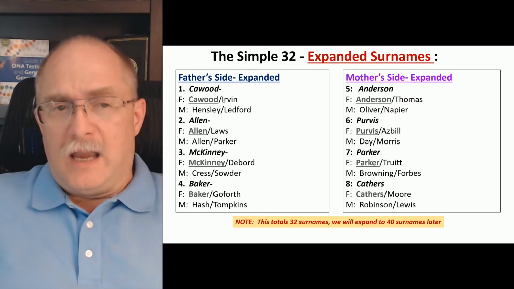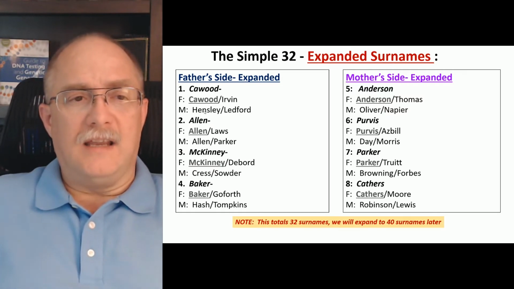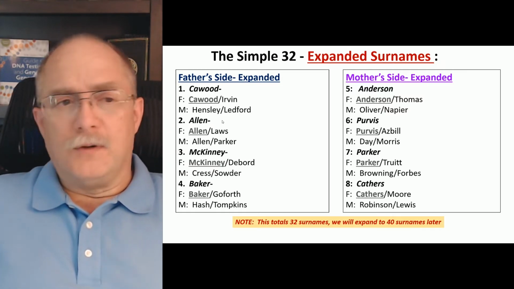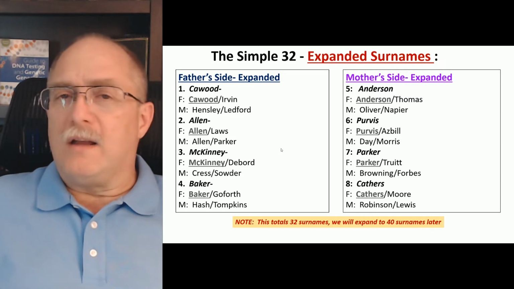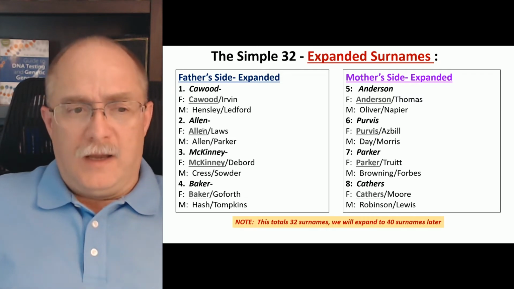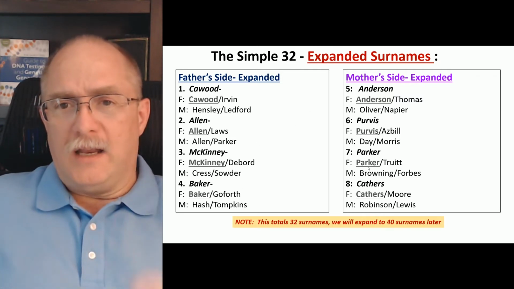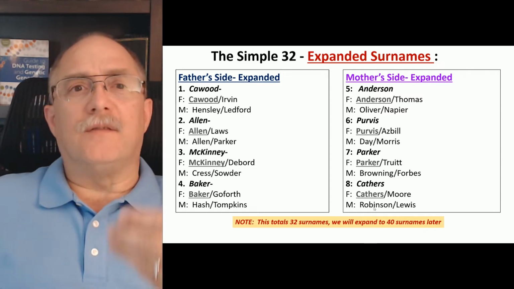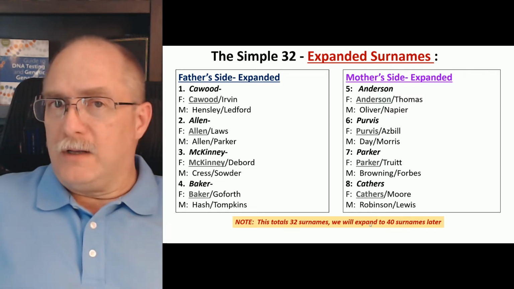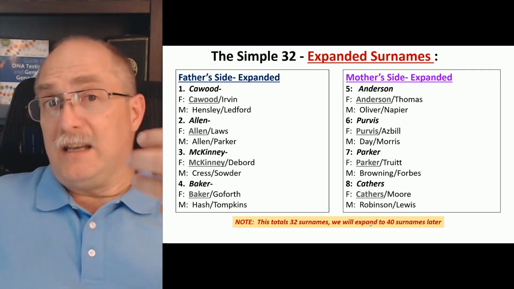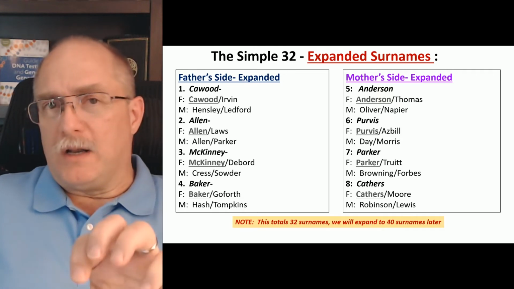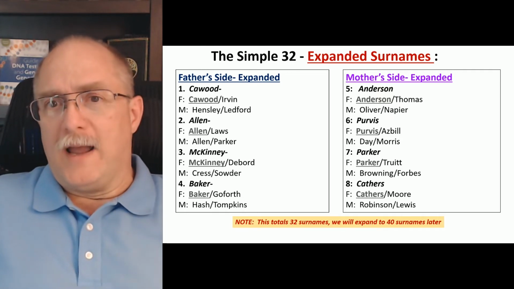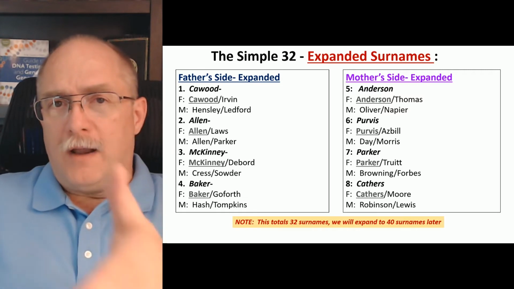And then Kaywood married an Irwin, and in this case, Hensley married a Ledford, and so forth on down the line. And you fill in every one of them that you can in this format, and that's the first 32. Now, a little later in this video, I'm going to show you how to gain the additional 8 names. At this point, I just want to show the simple format of the 32 paired names.